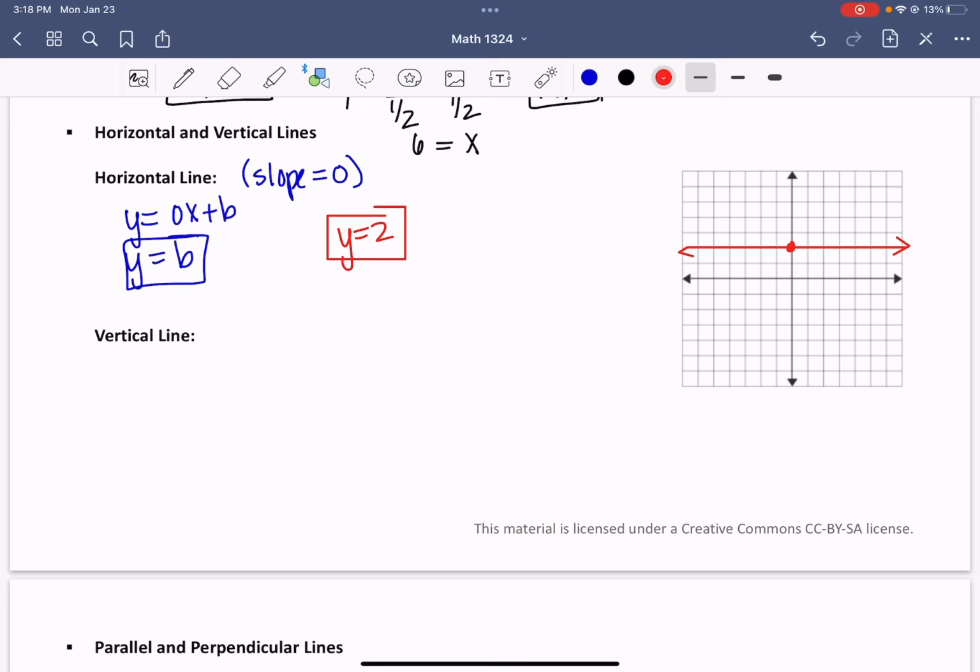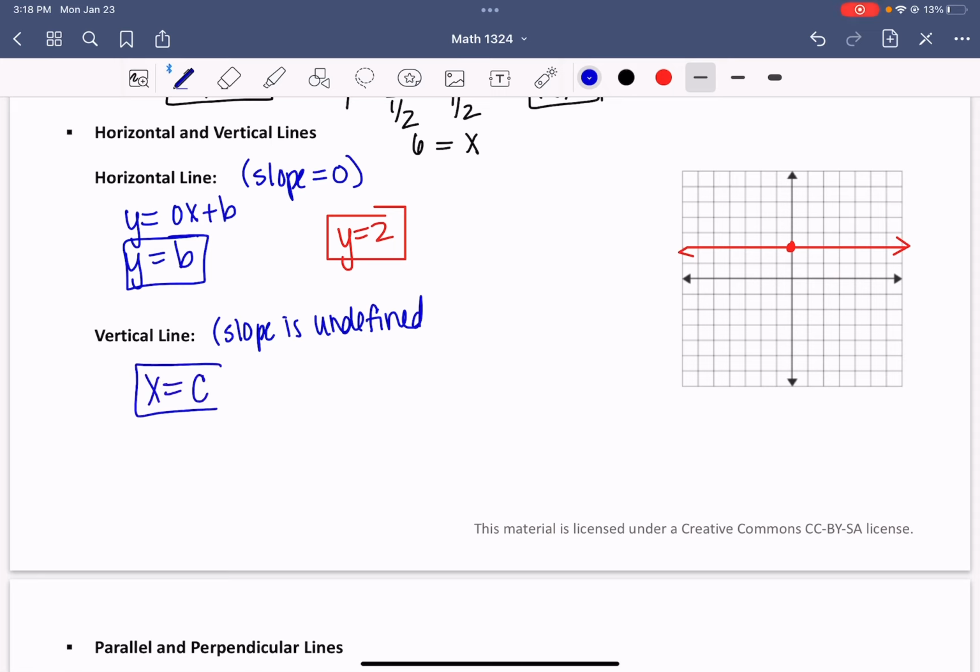Now, students normally are okay with a horizontal line because you have values that you can plug in.